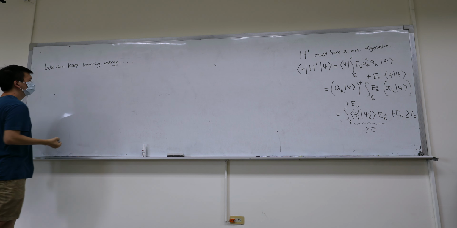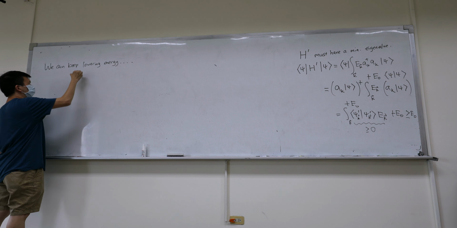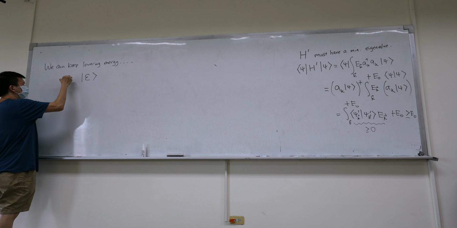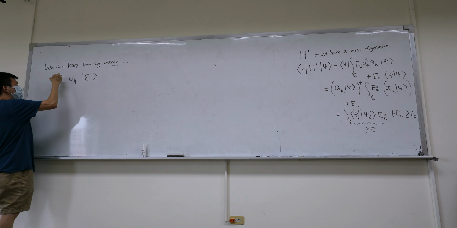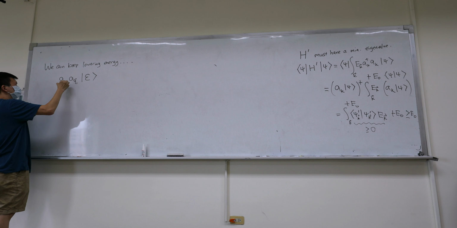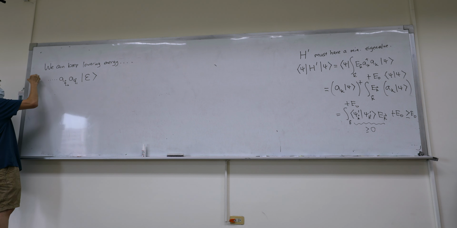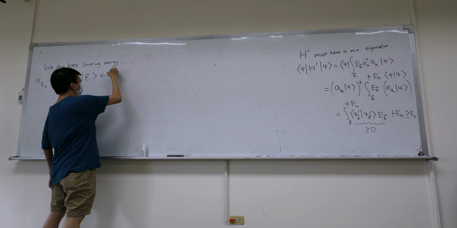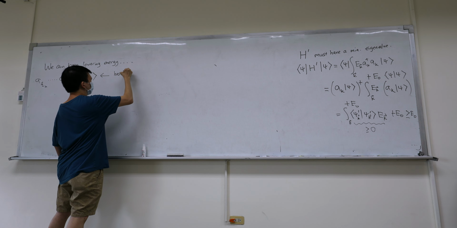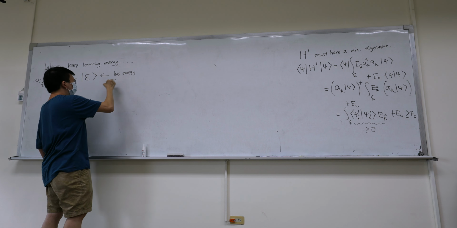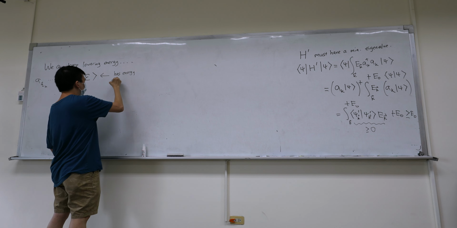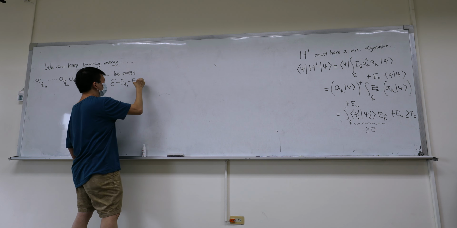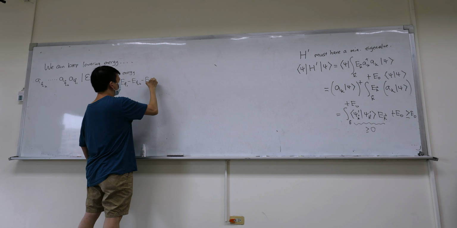So if you take your original energy eigenstate epsilon and you keep applying a_{q1}, a_{q2}, a_{qN}, this state has energy what? You have energy epsilon and then you lower it by E_{q1}, lower it by E_{q2}, lower it by E_{q3}, and so on.